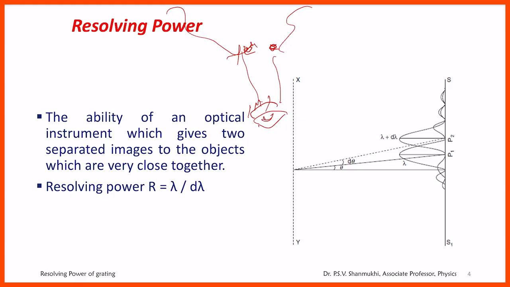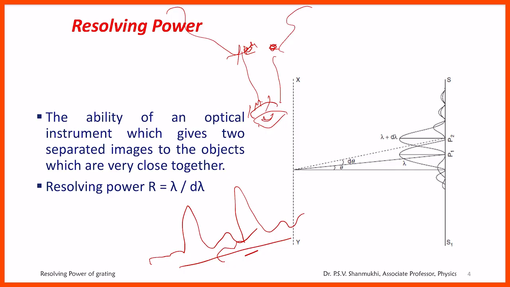Each image is a diffraction pattern, meaning from the first object one diffraction pattern comes, and from the next one another diffraction pattern. If these two diffraction patterns are superimposed, they produce only one pattern. That is why our eye is unable to resolve the two objects.